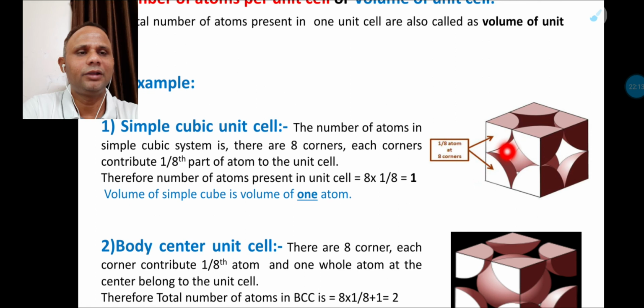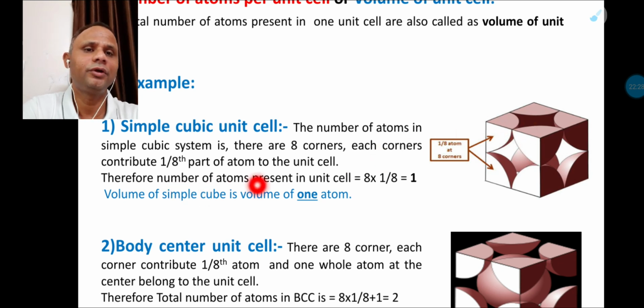That means if you cut the sphere into the same 8 parts, out of these one part will contribute to the one single unit cell, right? So how do we calculate? The number of atoms present in the unit cell: 8 corners are there, and one corner contributes 1 by 8.